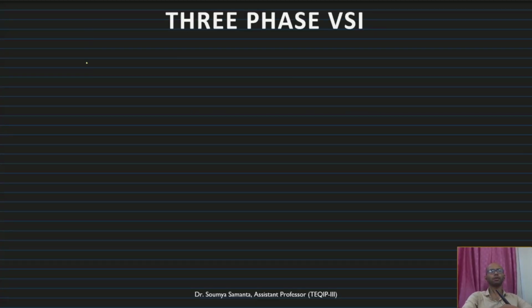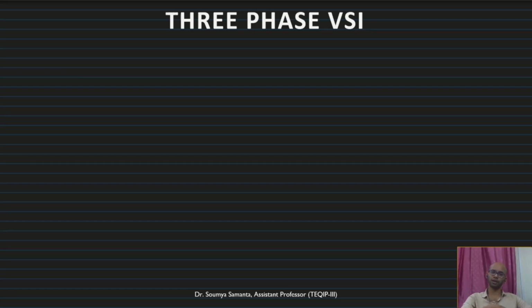Now if we want to realize a three-phase VSI, the difference compared to the single phase VSI is that we need one more extra leg, or one more extra SPDT switch.